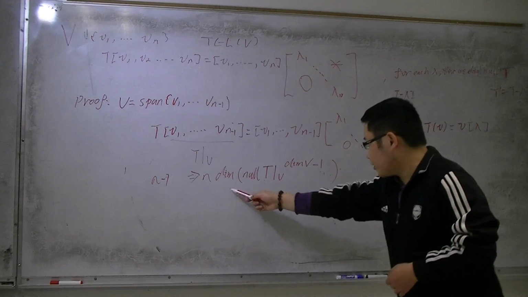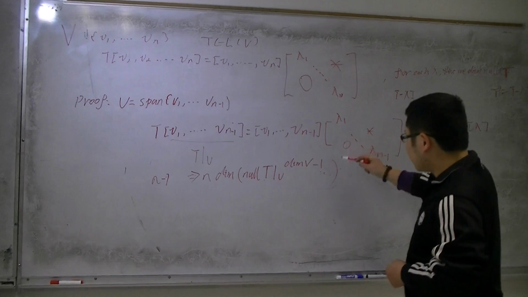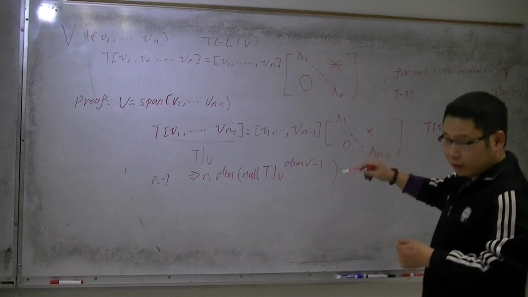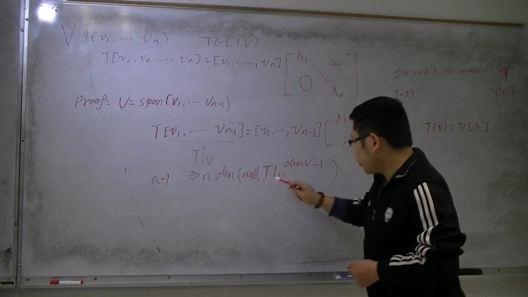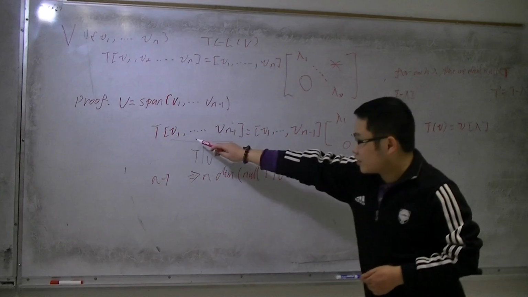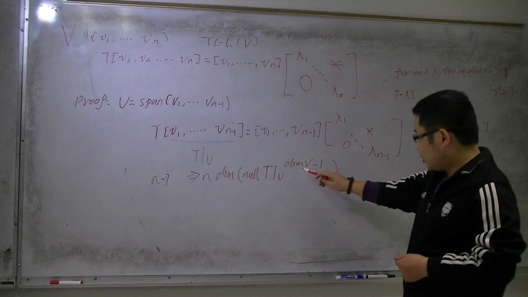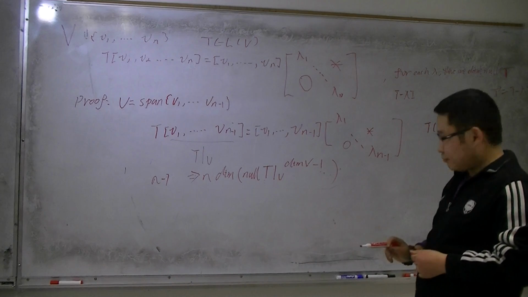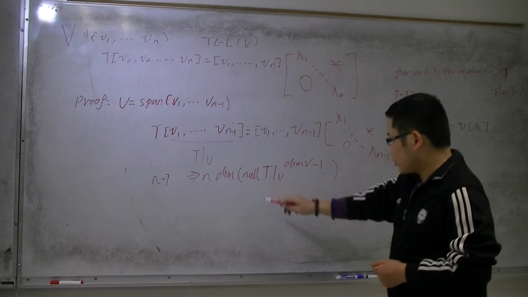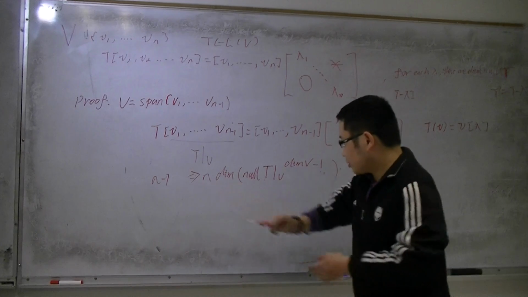There are this many lambda that equal 0 in this diagonal from the induction. This is the operator, and the dimension of this one is n minus 1. The dimension is dimension v minus 1, and the operator's power, and so.